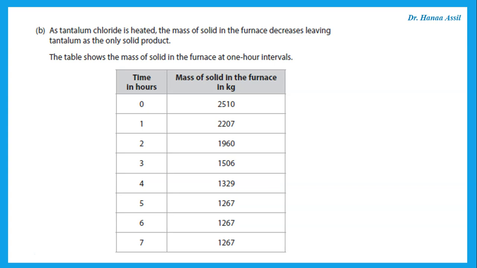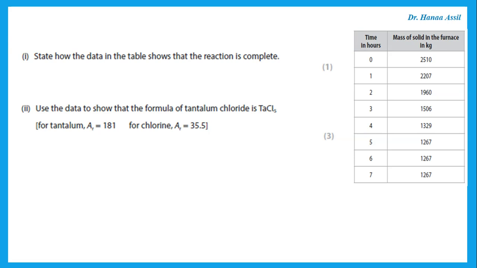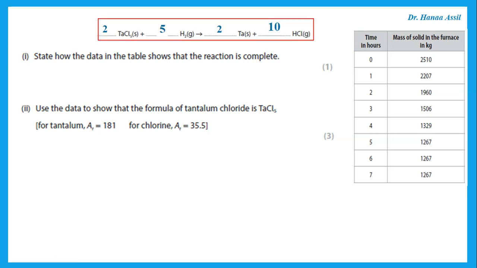As tantalum chloride is heated, the mass of solid in the furnace decreases, leaving tantalum as the only solid product. State how the data in the table shows that the reaction is complete. Well, what are we doing? We're heating the TaCl5 with hydrogen.